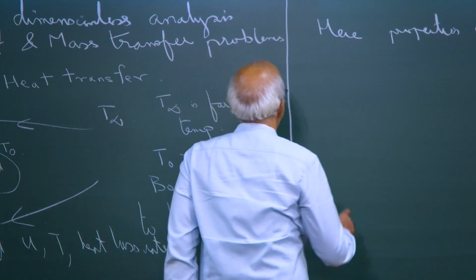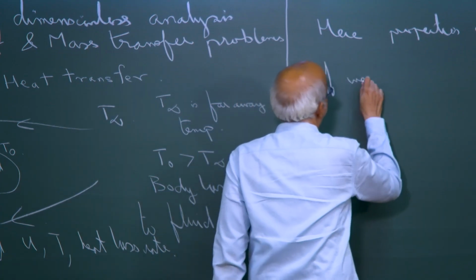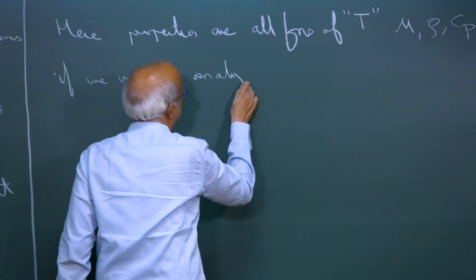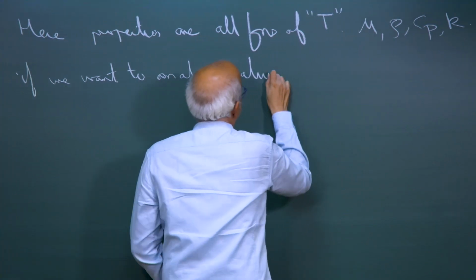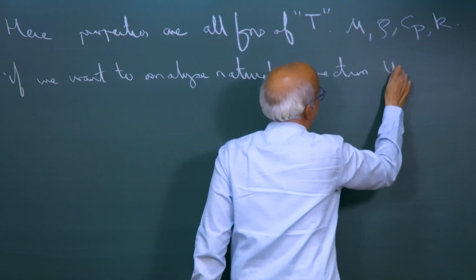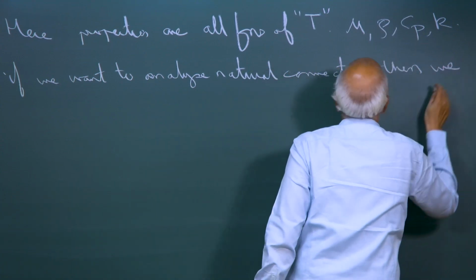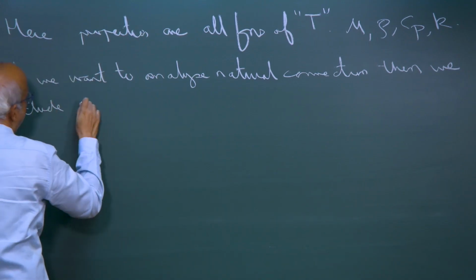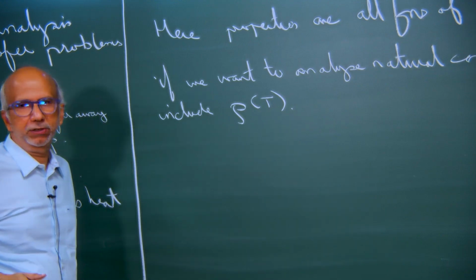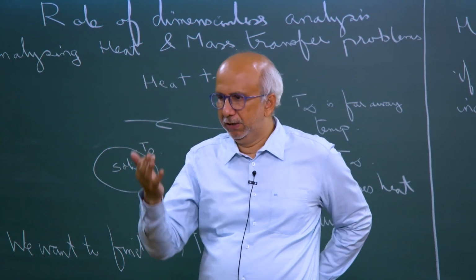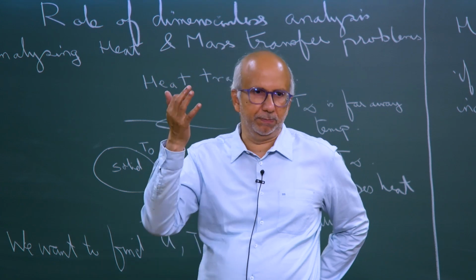So, if we want to analyze natural convection, then we include rho as a function of temperature, because if you treat rho as a constant, then there is no question of any buoyancy, there is no question of any lesser liquid, dense liquid rising up.